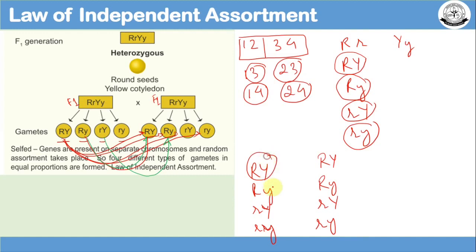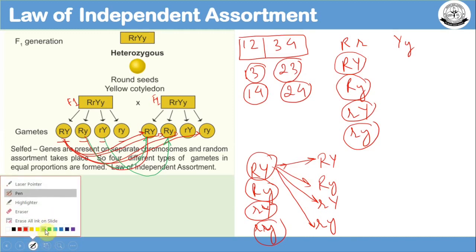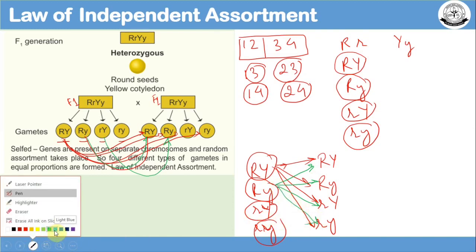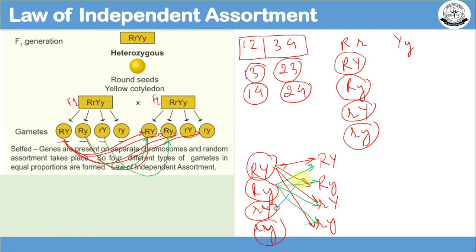Okay, so you can see that each one of the gametes is independent. This gamete has full independence to fertilize with this one, the third one, or the fourth one. Similarly, the second gamete also has full independence to fertilize with the first, third, or fourth one. Similarly, the third one has full freedom to fertilize with the first, second, third, or fourth one.